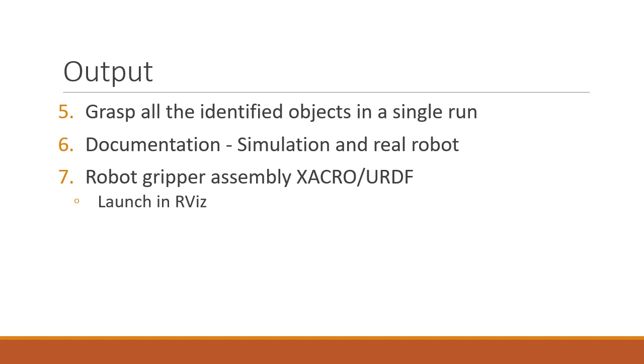I've added some detail about it in the following slides. Additionally, I've added documentation in the repository for running the simulation in RViz as well as the real robot. I've also created a launch file for UR5 and Robotiq assembly using their respective Xacro files. I've launched the assembly in RViz and I'm able to control it using the interface.